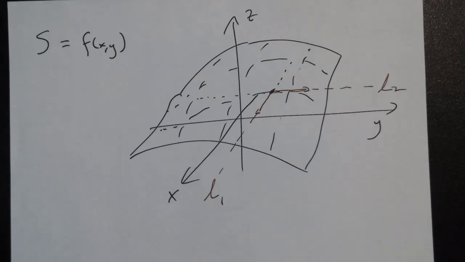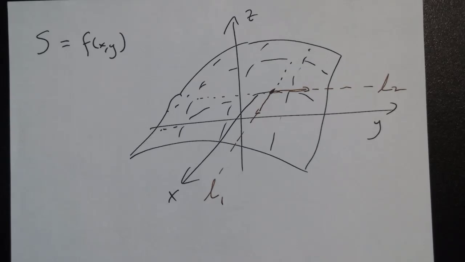I brought multiple skewers for a reason. Hey, wait a minute. Two lines at right angles to each other, right? Line one here goes parallel to the X direction. Line two goes parallel to the Y direction. Those are at 90 degrees. They make a plane.